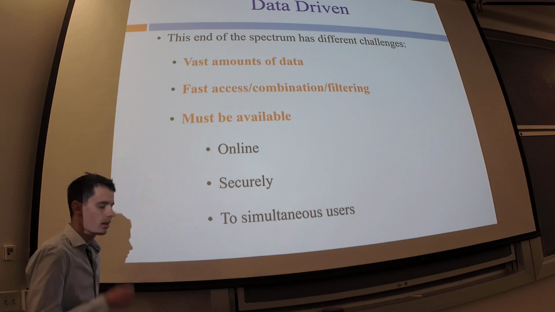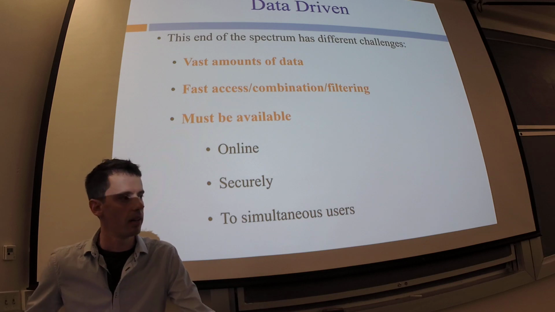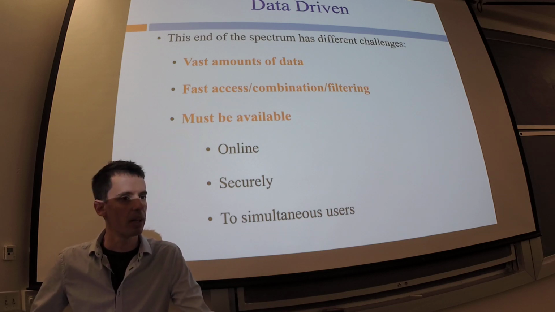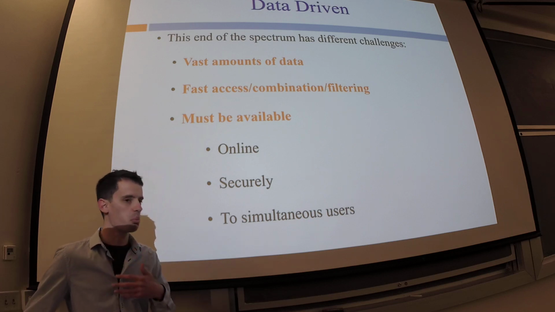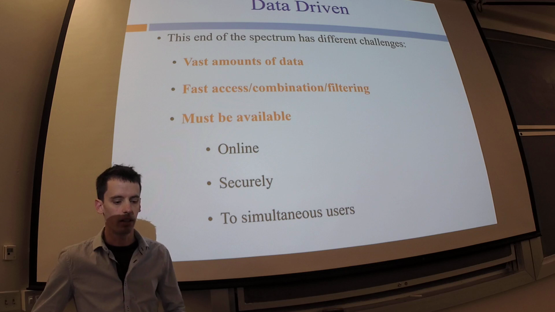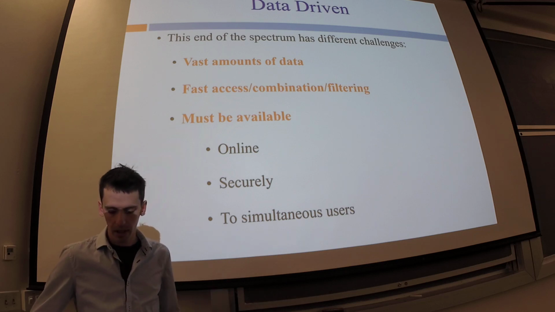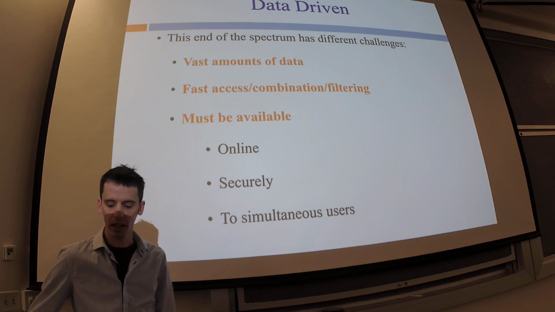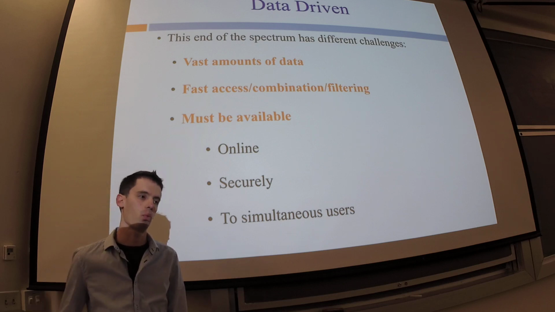So this realm, this end of the spectrum, the so-called big data end of the spectrum, has its own challenges that are not really present in these little small local programs you write that just kind of use the disk and RAM. Vast amounts of data, and we have to be able to quickly access, combine, and filter that data to get to what's interesting.